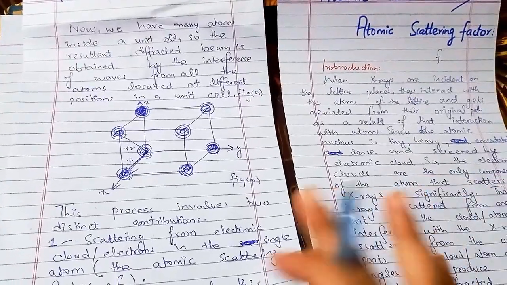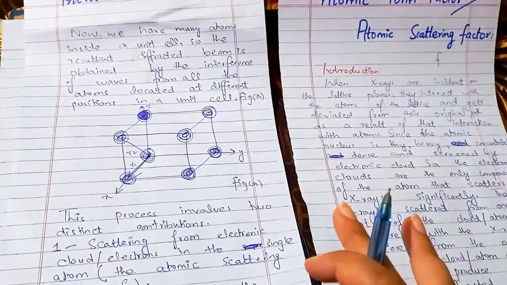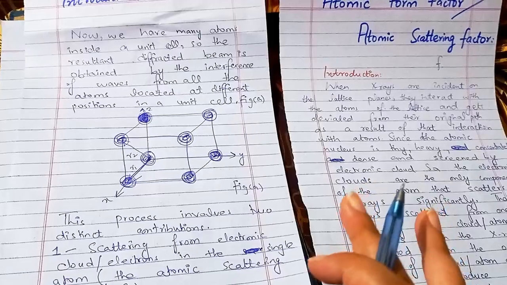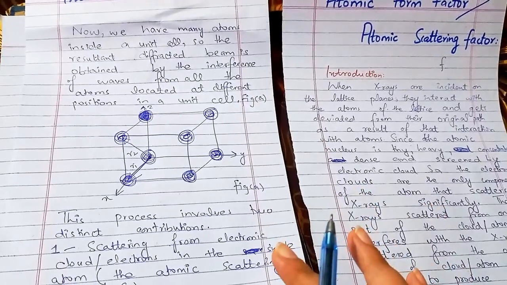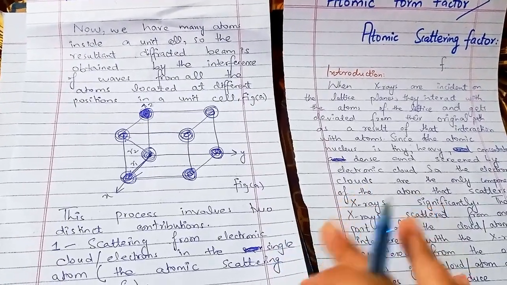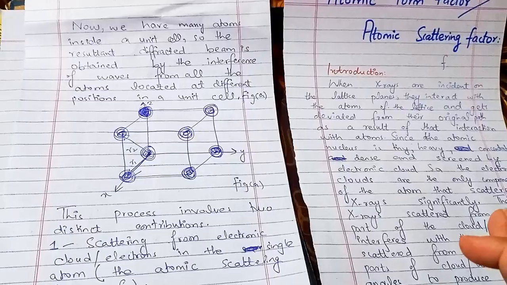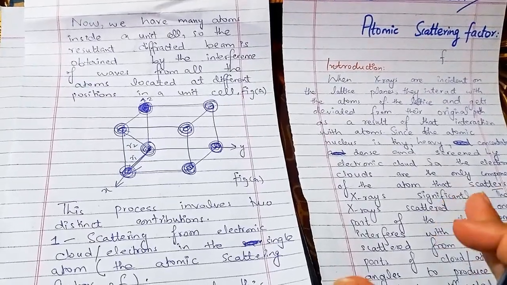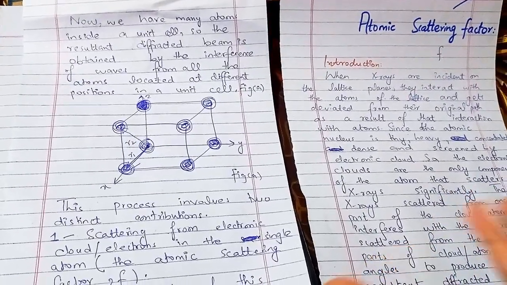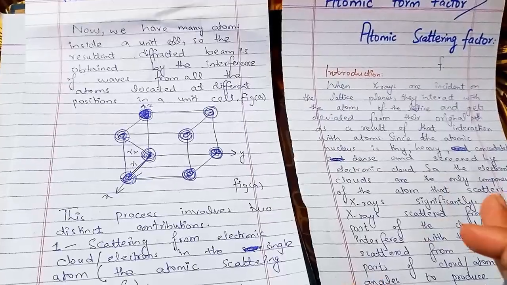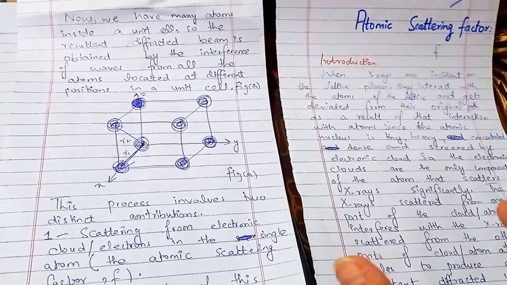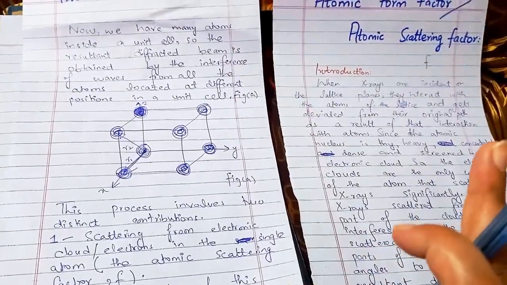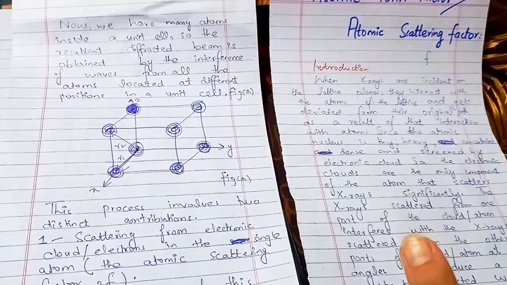After that analysis, we saw that since it's the electronic cloud, and each part of the electronic cloud scatters the X-rays in all directions, all their contributions interfere with each other at all possible angles, so that from a single atom we get diffracted rays in certain directions only.